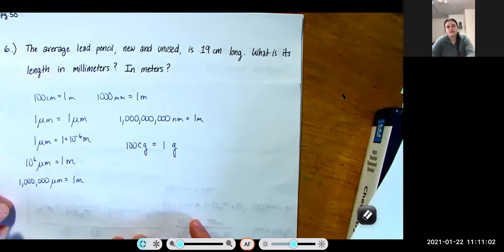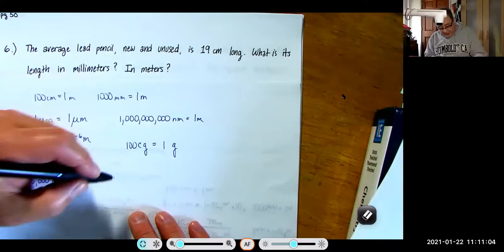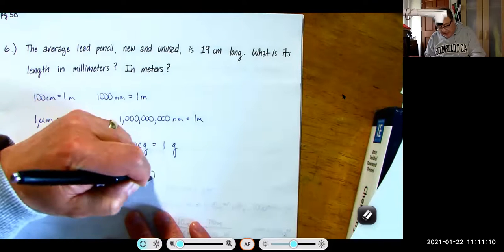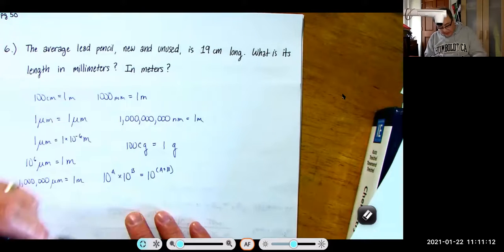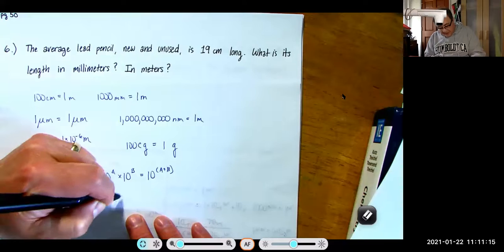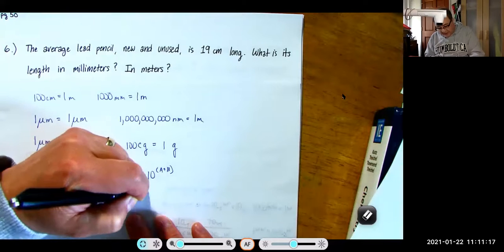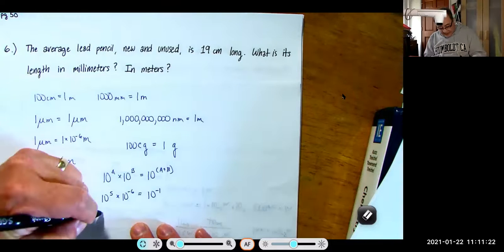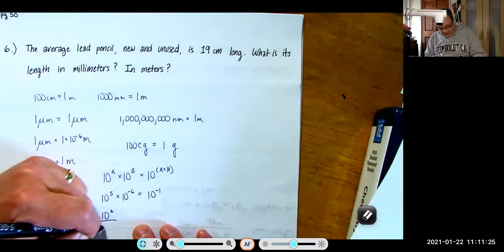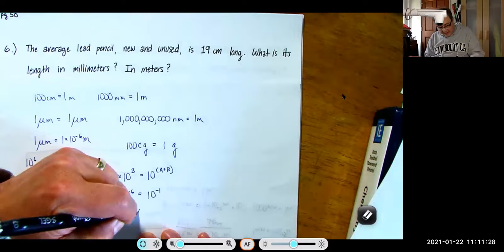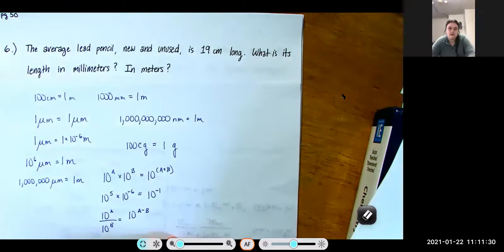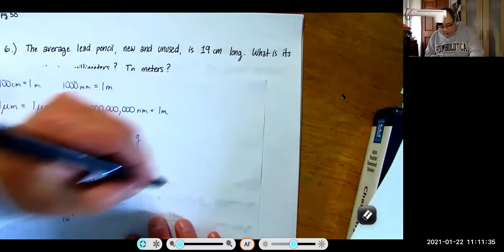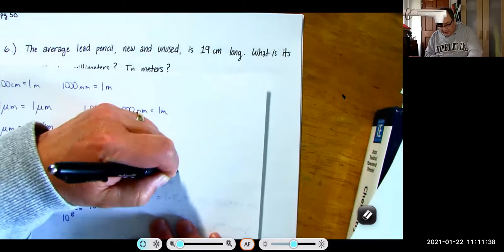So just a quick review of exponents. 10 to the A times 10 to the B is equal to 10 to the quantity A plus B. So an example is 10 to the 5 times 10 to the negative 6 is equal to 10 to the negative 1. 10 to the A over 10 to the B is equal to 10 to the A minus B. And ultimately, the way this works is if you have 1 over 10 to the B, that's equal to 10 to the minus B.